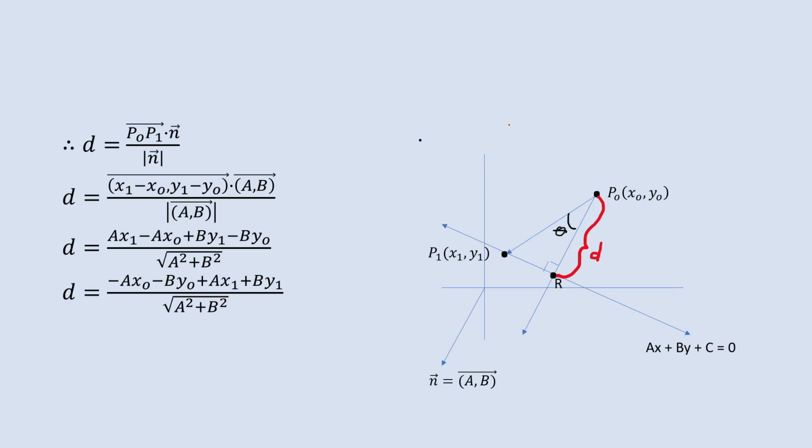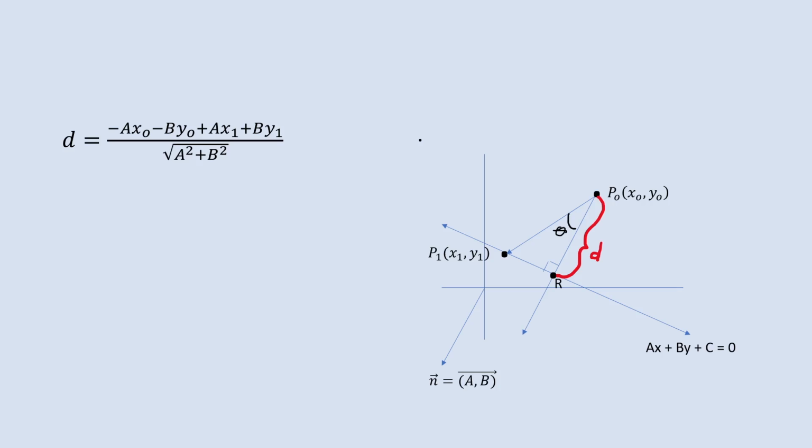Well, that's going to equal a times (x1 minus x naught) plus b times (y1 minus y naught), which is what's written here with a and b distributed into their respective quantities, all over the magnitude of (a, b), which is just the square root of a squared plus b squared. Now we're just going to rearrange that numerator a little bit. We're going to say negative a x naught minus b y naught plus a x1 plus b y1, all over the square root of a squared plus b squared.